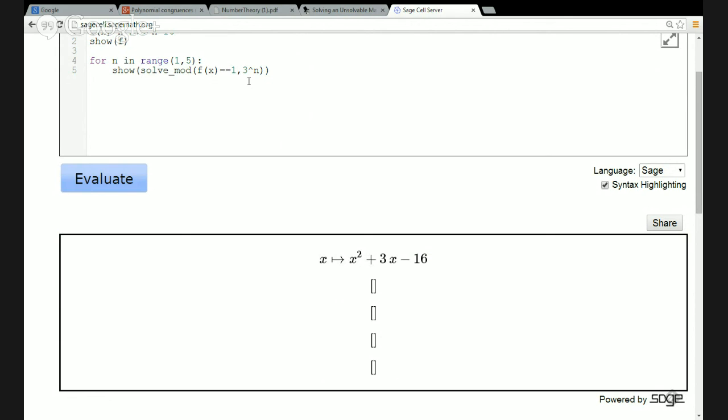You can see how that arises, because for f of x congruent to 1 mod 81, the 1 you can bring over to the other side becomes a -1, so the minus 16 is minus 17. But when you consider it modulo 3, it reduces to x squared minus 2 congruent to 0 modulo 3. X squared is congruent to 2 modulo 3, and that has no solutions.